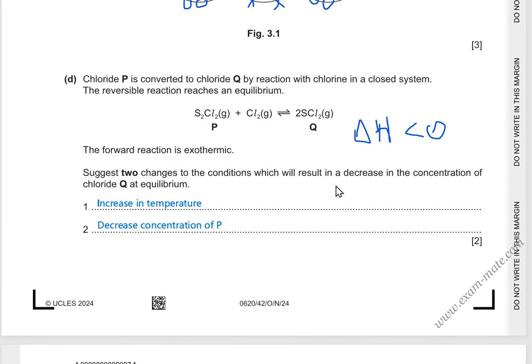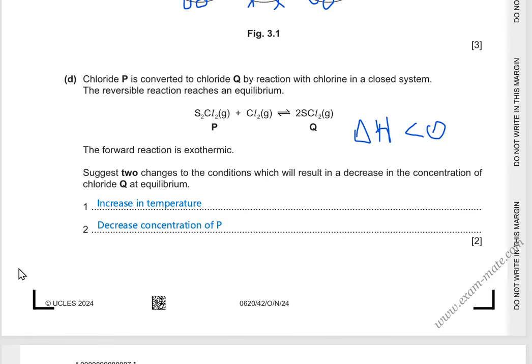Suggest 2 changes to the conditions which will result in a decrease in the concentration of chloride Q at equilibrium. So, an increase in temperature, because we know that the forward reaction is exothermic, that means to favor the reaction towards SCl2, we decrease the temperature. But if we increase the temperature, we're going to favor the reverse reaction, which is endothermic. So we increase the temperature because we want to decrease the concentration of chloride Q. Why?